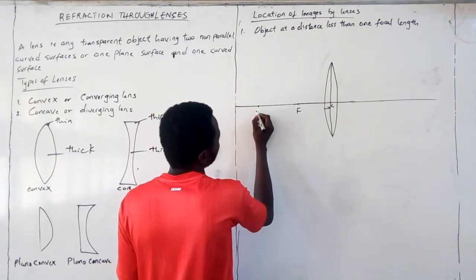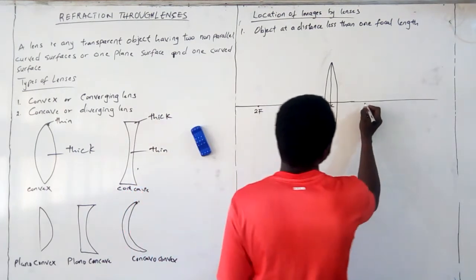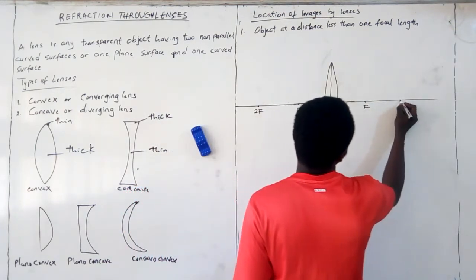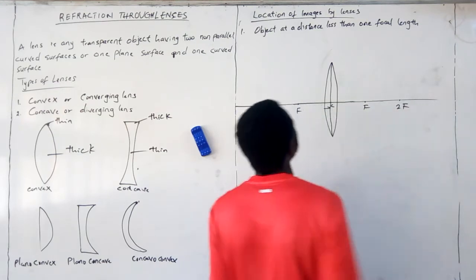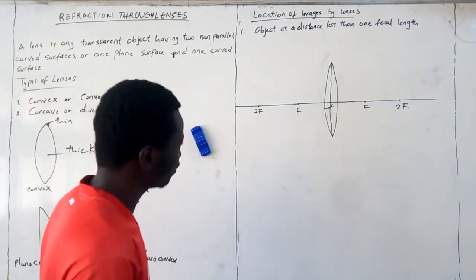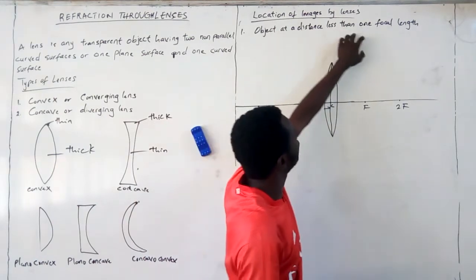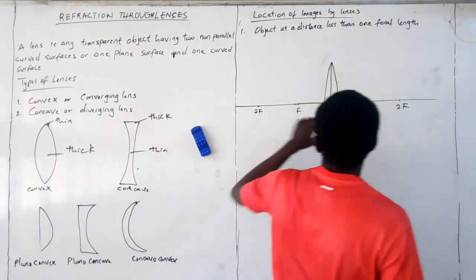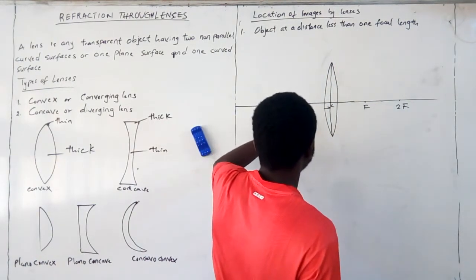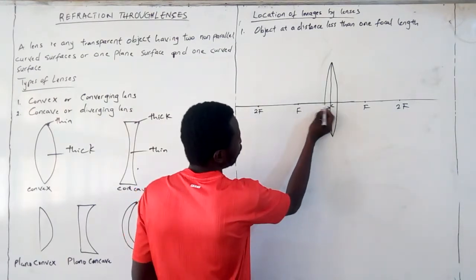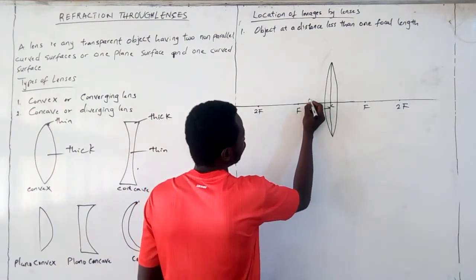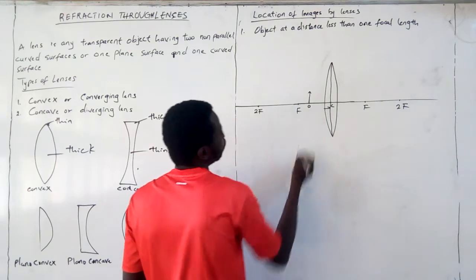Then we have the same distance, 2F. We have F, then 2F. Now, object at a distance less than one focal length, so at a distance less than F, that means it can be anywhere within this region. So let's say this is the object.